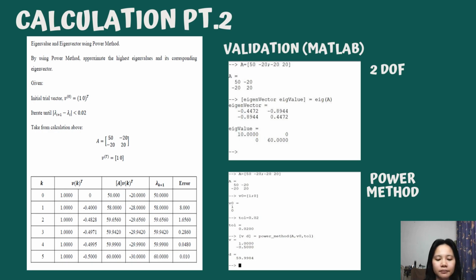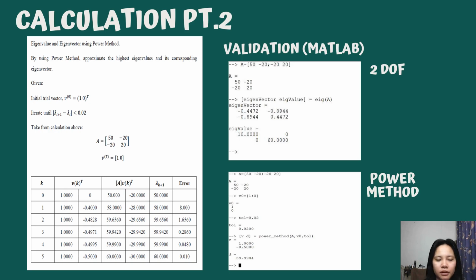By using the table, there are 5 columns that represent K, which is the iteration, Vk, the initial trial vector, matrix A times Vk, lambda k plus 1, and the last one is error.